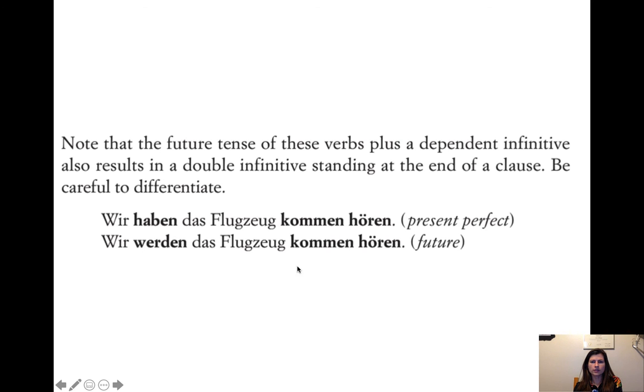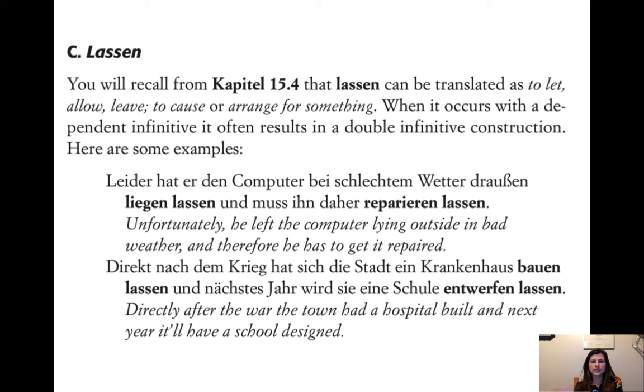We will hear the plane coming, or we will hear the plane come. Yeah, so instead of we have heard it coming, or just we heard it coming, it's we will hear the plane coming.